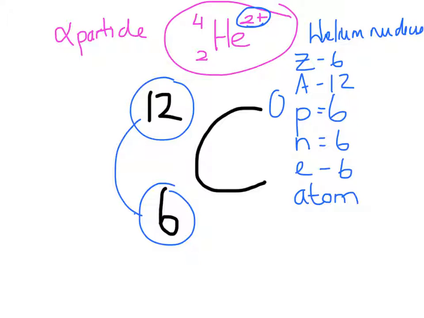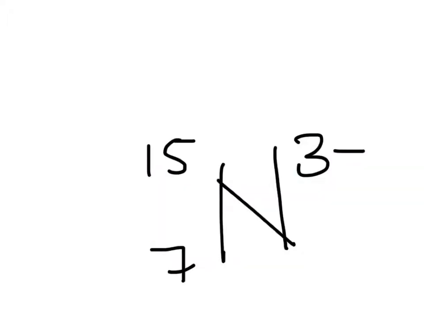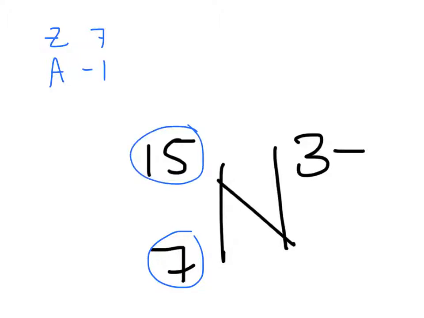The next one, I have an atomic number of 7, a mass number of 15. The number of protons is exactly equal to the atomic number, 7. For the number of neutrons, I'm going to have to take the atomic number away from the mass number, so it's going to be equal to 8.